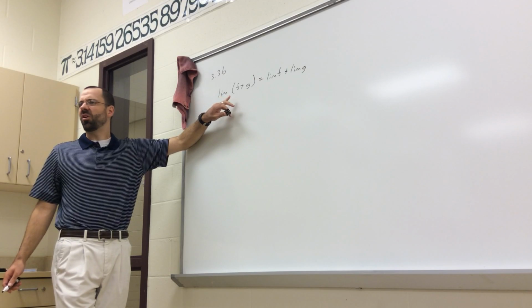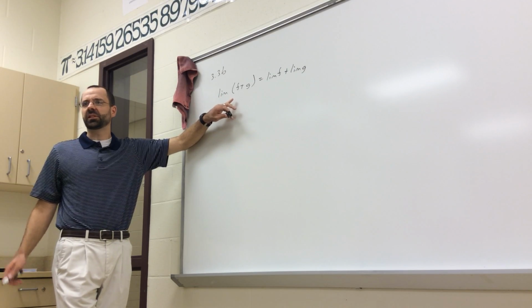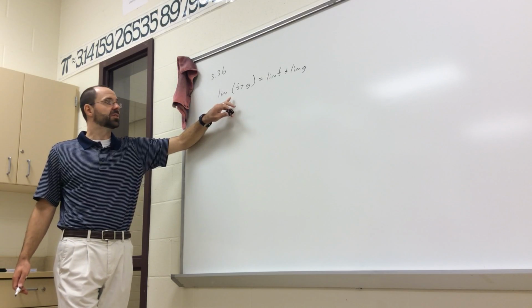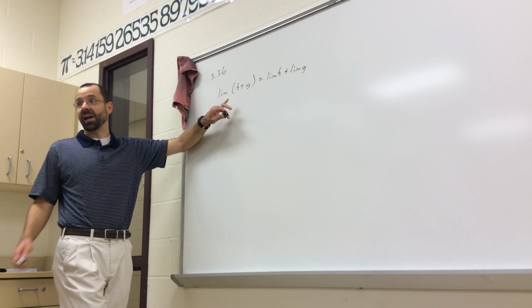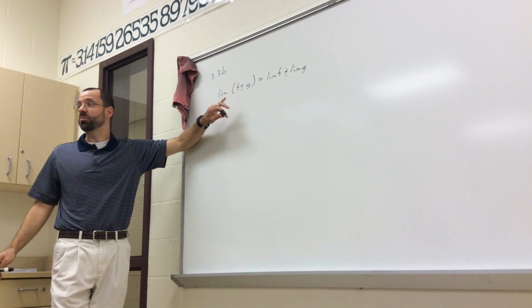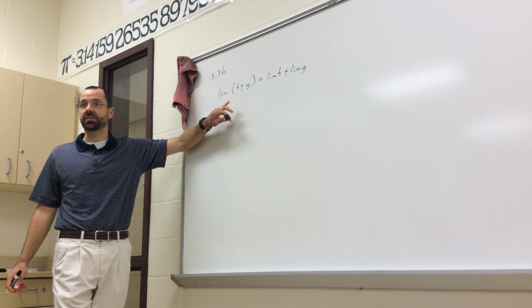So what was this called? There were a bunch of them. They were all called limit laws, right? So it's also true for minus. So limit distributes past plus and minus. We've known that for a while.